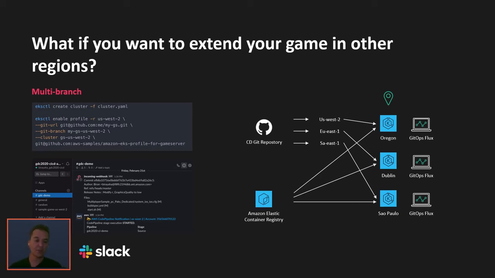As you can see here, we had the cluster in Oregon, and we created two more clusters, one in Dublin and one in Sao Paulo. We duplicate the US West branch into two other branches, and made changes in those branches just for the sake of the specific region.